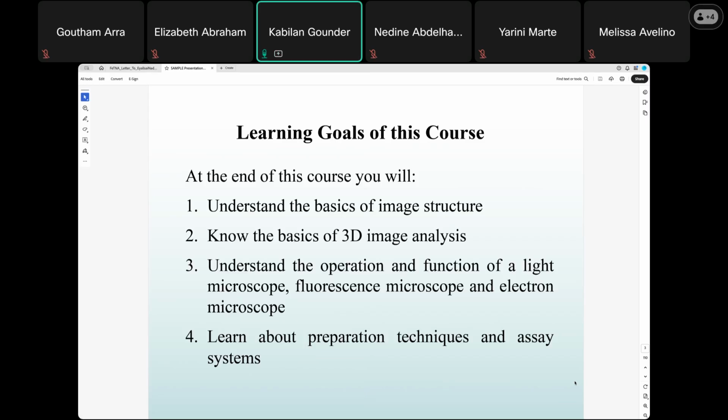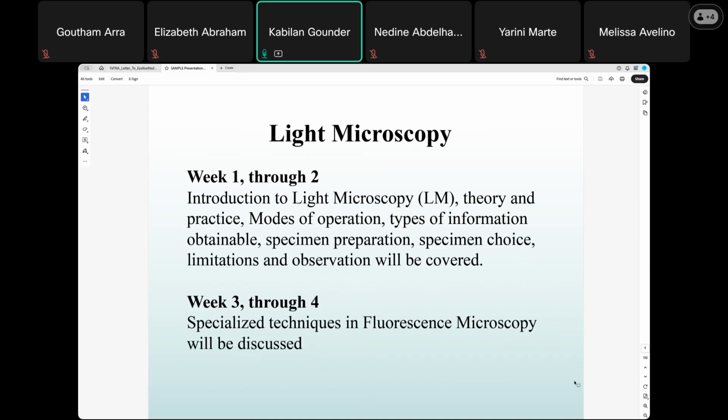Also, preparation: what is the goal of your preparation, and what are all the factors which affect the quality of your samples, since you get images from this processing of samples. These are very, very important learning goals of this course.